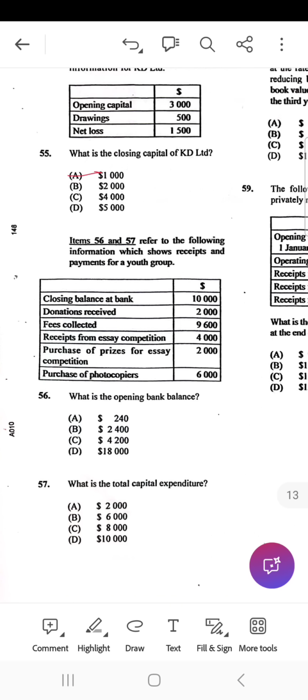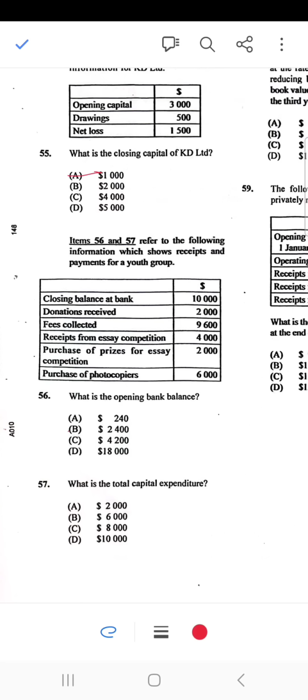So my opening balance has to be 10,000 minus 7,600, which is 2,400. And I could work it back to make sure. If my opening balance is 2,400 and I got a 7,600 increase, my closing balance would be 2,400 plus 7,600, which works out to, you guessed it, the closing balance at bank of 10,000.